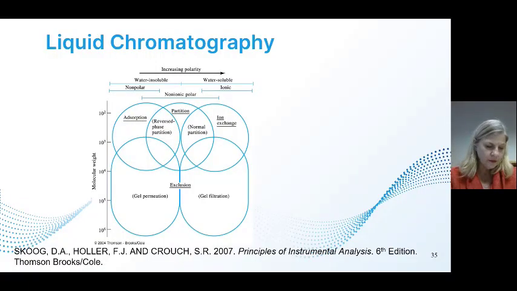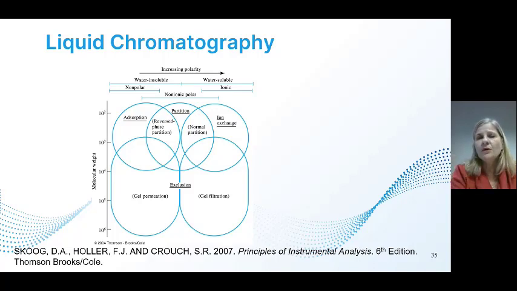Okay, the next section that we're going to look at is liquid chromatography. With liquid chromatography, we have a wide range of compounds that can be separated, from non-polar compounds all the way through to polar compounds and even ionic compounds. All of this can be separated by choosing the correct stationary phase.